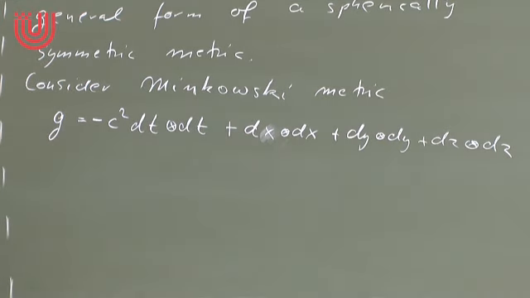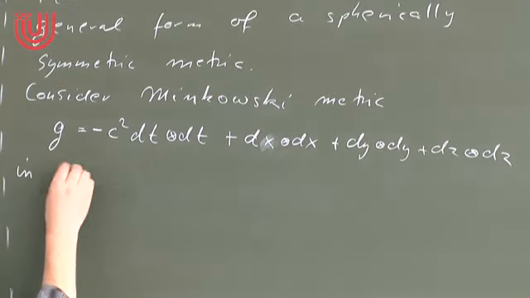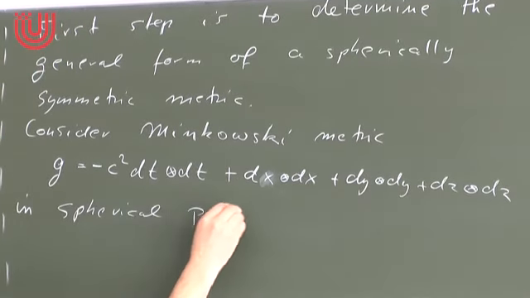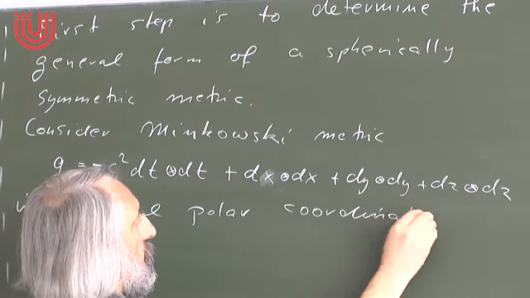So that's the standard form of the Minkowski metric in inertial coordinates, but we want to consider it in spherical polar coordinates. That's easy to rewrite.